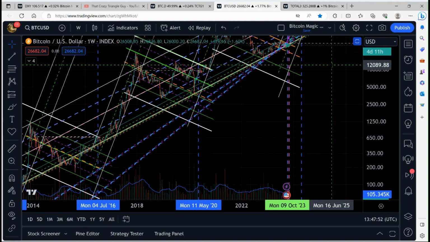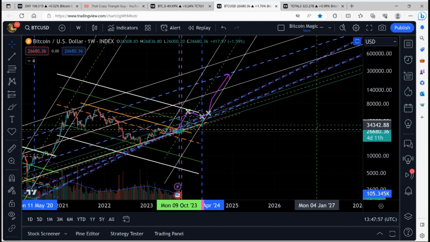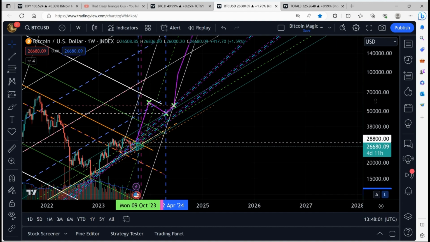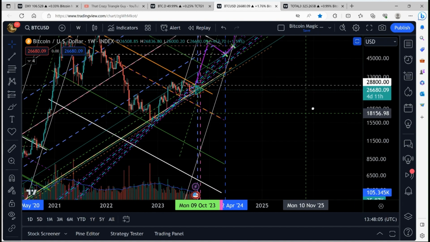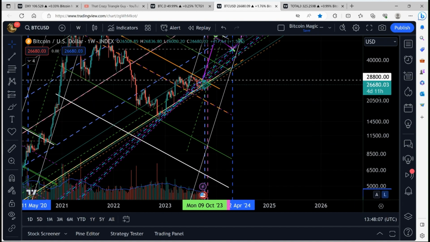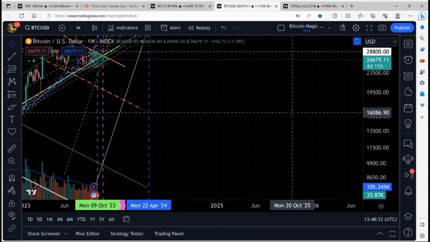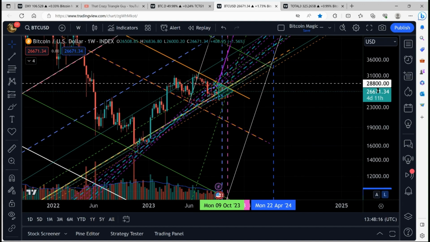So, that being said, I did want to zoom in here at the trend line that everybody was following, and you can see now why it doesn't work.